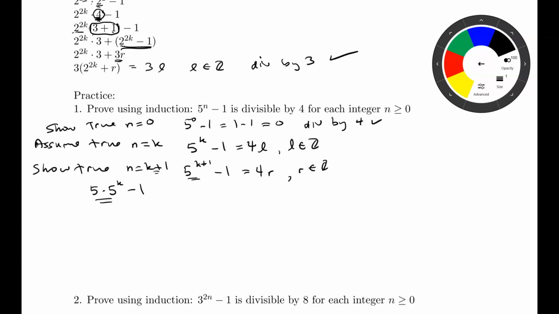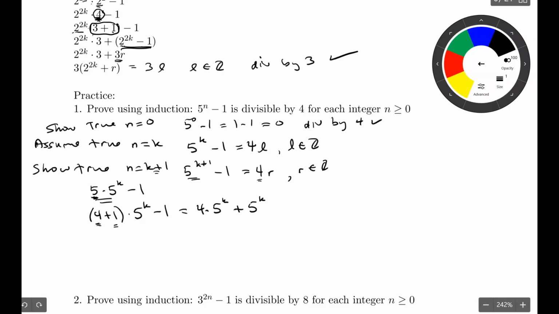I'm looking at the fact that I want to show it's divisible by 4. So I am motivated to rewrite this 5 as 4 plus 1. So you're always looking to see where you're going. Now I'm going to distribute this 4 times 5 to the k, and this 1 times 5 to the k minus 1.